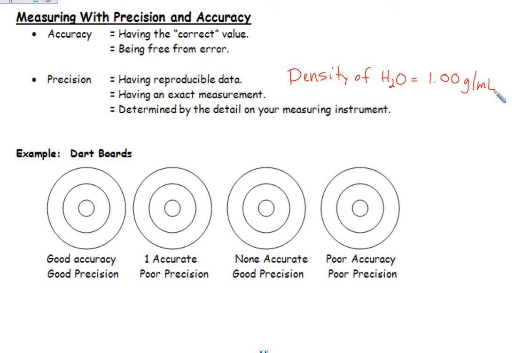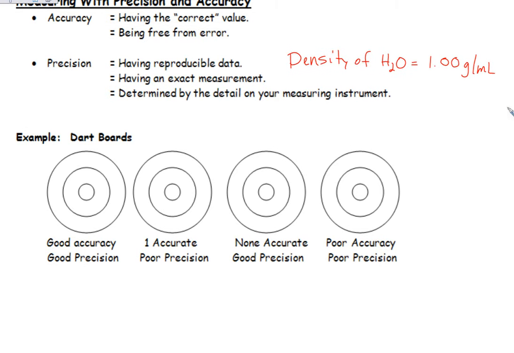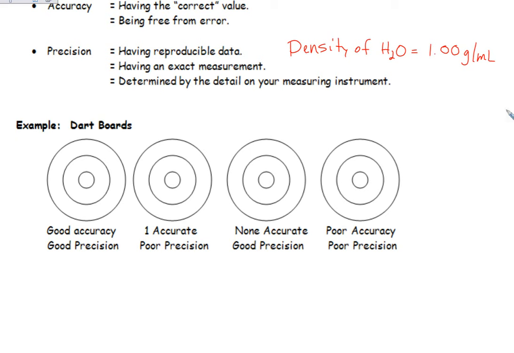But here's a good way of looking at the difference between accuracy and precision. Let's say I got some dartboards. We're going to shoot some darts. Let's say the bullseye is the desired location. A bullseye is the correct result. I get 3 shots.